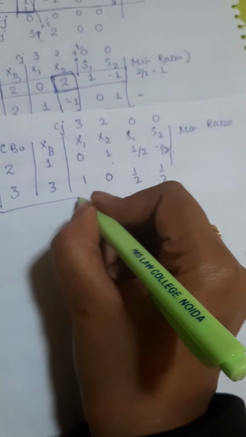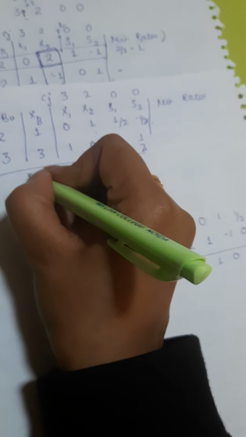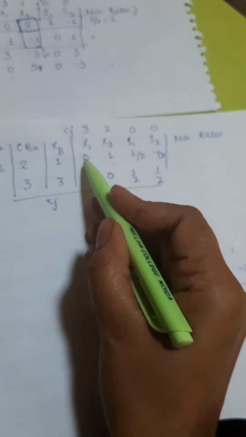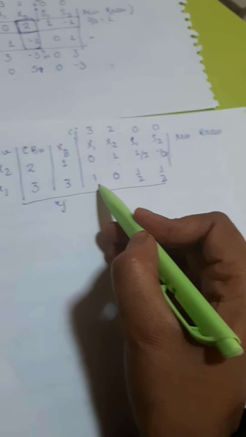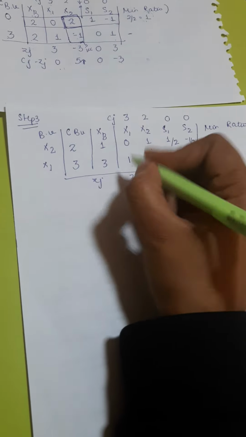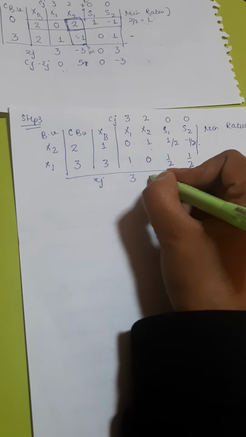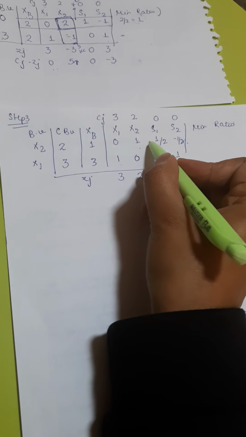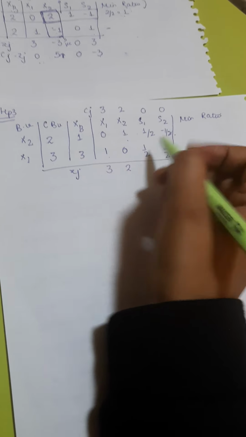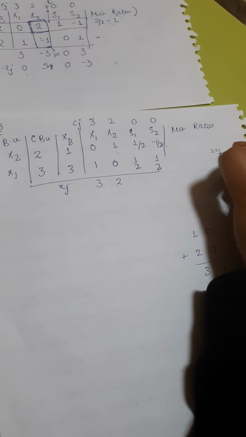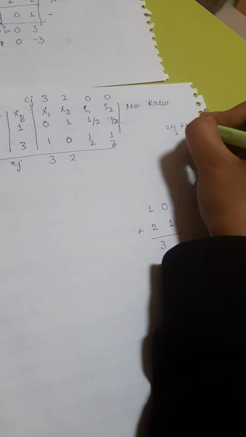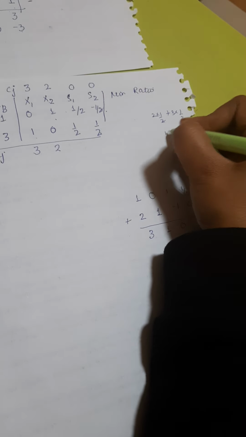Now again find Zj. How to find Zj? Zj is CB times the column: 2 into 0 plus 3 into 1, that is 3. 2 into 1 plus 3 into 0, 2. 2 into 1 by 2 plus 3 into 1 by 2, that is 1 plus 3 by 2, that is 5 by 2.